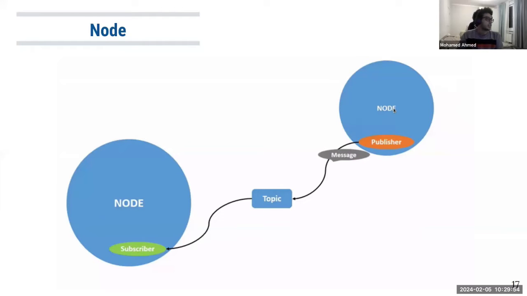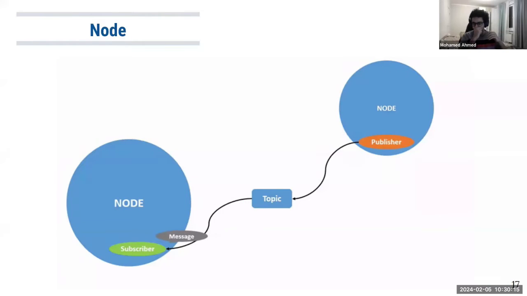As you can see, here is a node that is doing some specific task. After it does this task, it wraps the result into a message and sends it. Another node can subscribe to this message. So that's how they can communicate.